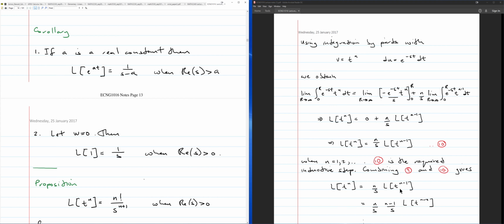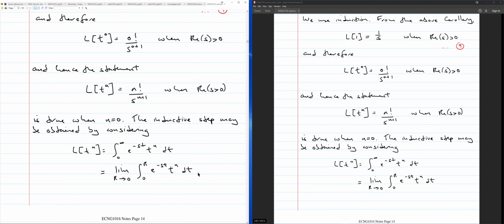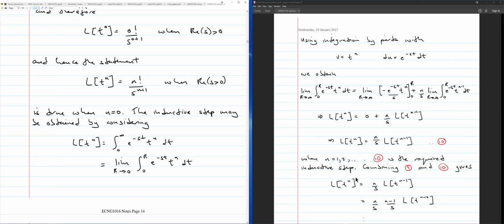And now, with this e to the minus st times t to the n, what you're going to do is use integration by parts, where you choose the v to be equal to t to the n and the du to be e to the minus st dt. If we do that, you integrate this du over here, so you're going to get e to the minus st on minus s.